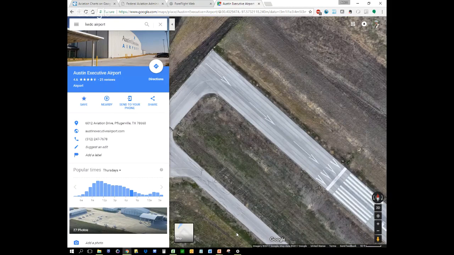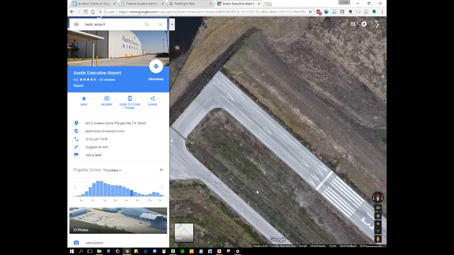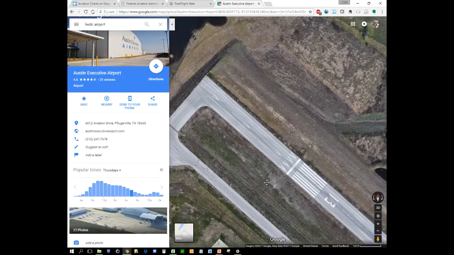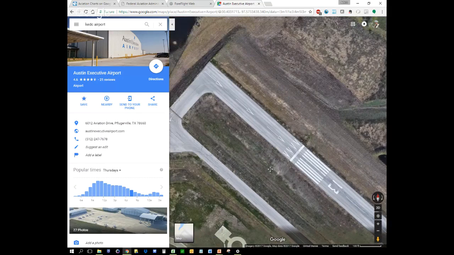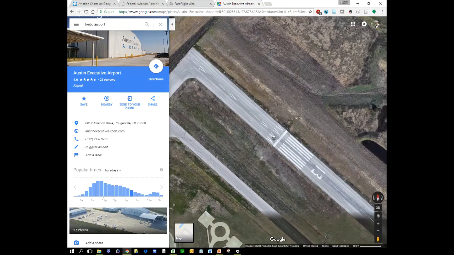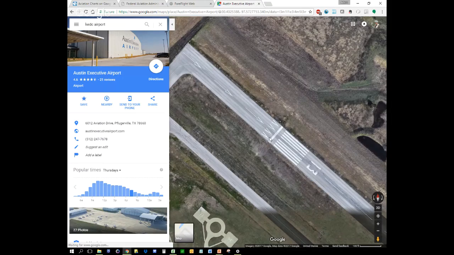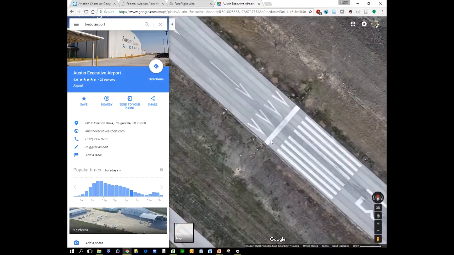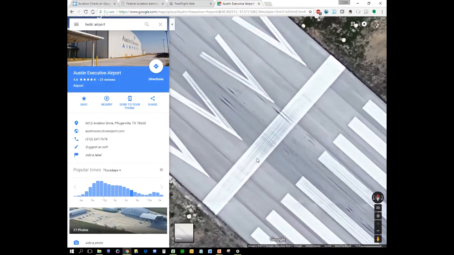And you're always landing in the direction that the arrows are pointing? Exactly. Whether you're taxiing, taking off, or landing, you're traveling in that direction. You just cannot land until you pass over this thick line. You could be landing from the other side of the runway if the winds have changed.